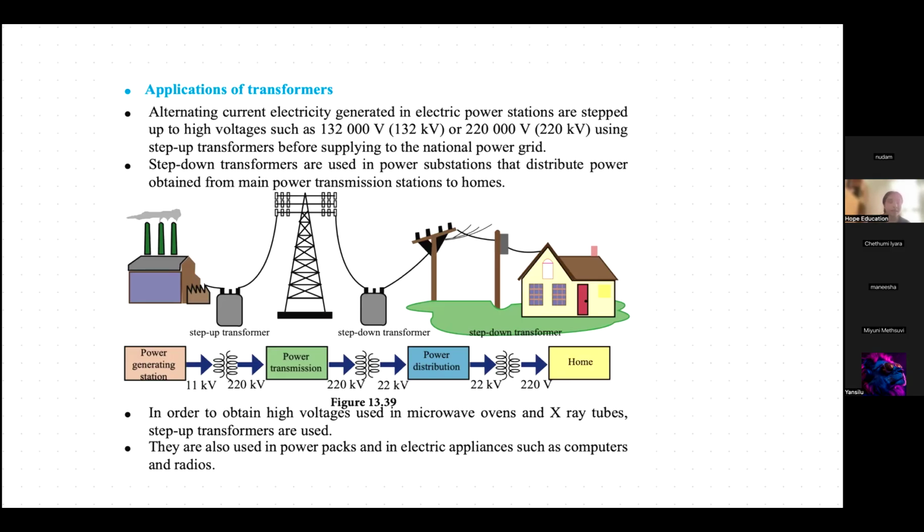I will send the whiteboard note. It is stepped up to 132 kilovolts or 220 kilovolts using step up transformers, and then given to the national power grid.